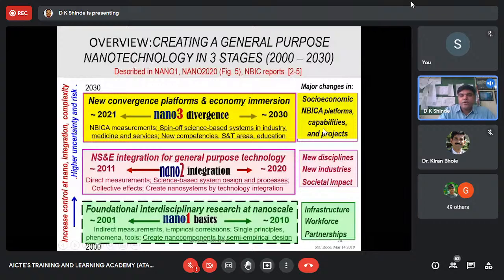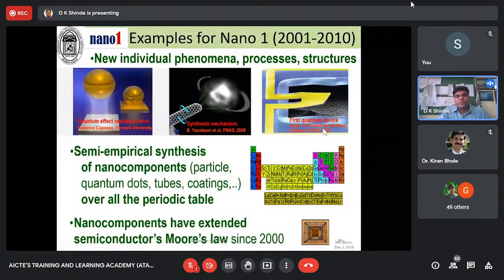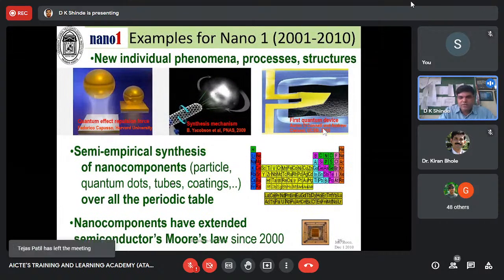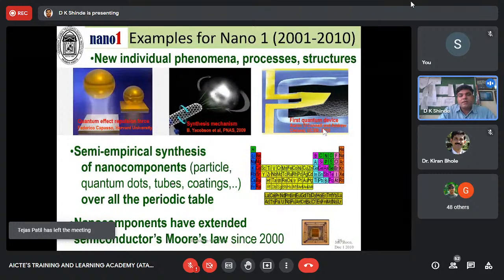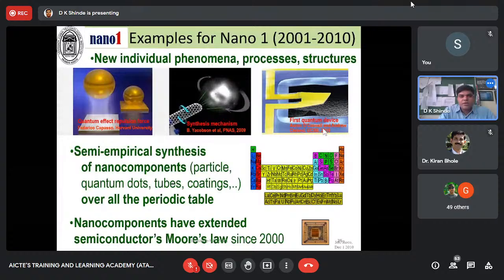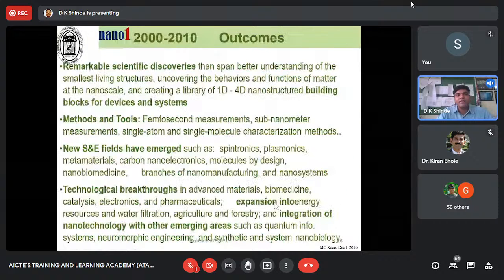Now here new products and services are coming, and a few of those, if you see, just flash on those nano ones, the quantum effect repulsion forces which came from Harvard University, the synthesis mechanism, how to synthesize using bottom-up approach and top-down approach using chemical vapor deposition, which came from 2009. Then Moore's law came in 2000 to tell about how this development is going to occur in the coming days, or the development of processors in 2000, and now you see the processor development which are coming.